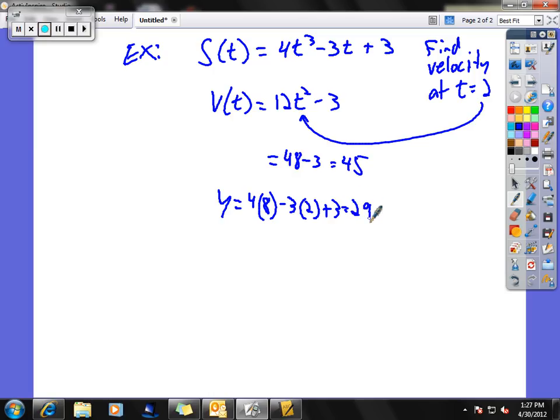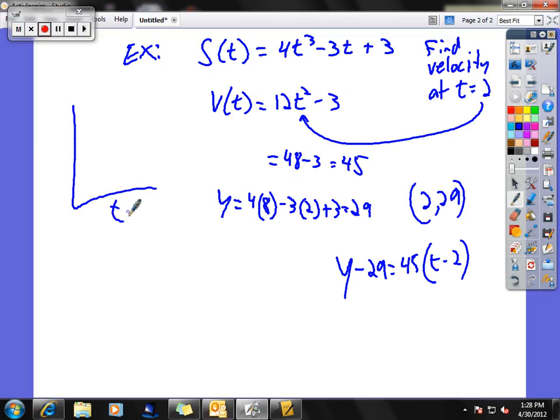Okay, so I have the point (2, 29), and I have a slope of 45. So I could write the equation of the line: y minus 29 equals 45 times (t minus 2). That's the same thing you guys were doing already last week, it's just with a t in it instead. Some of the problems have t, some have x, but t is always the x axis.